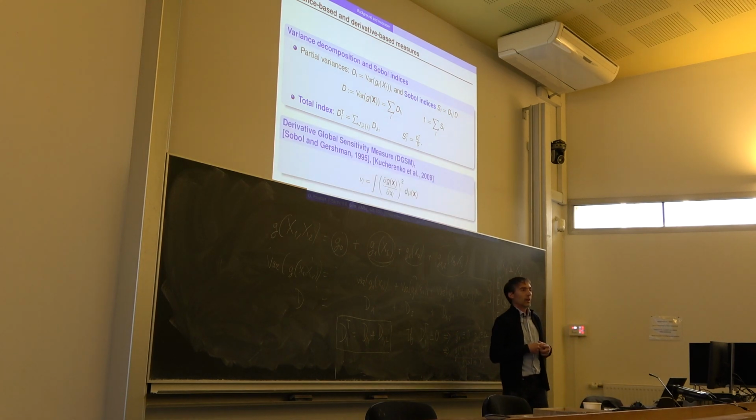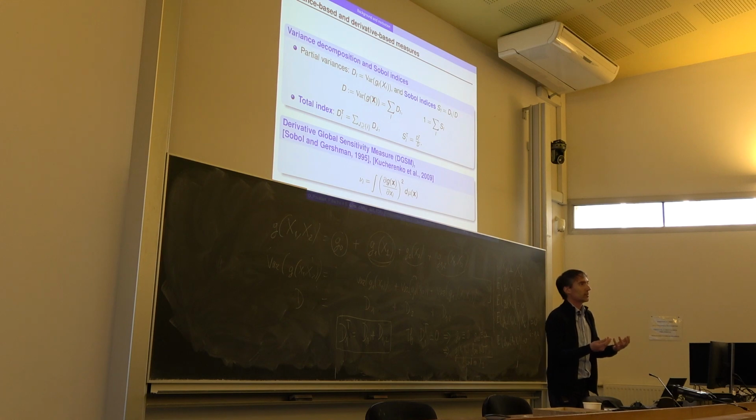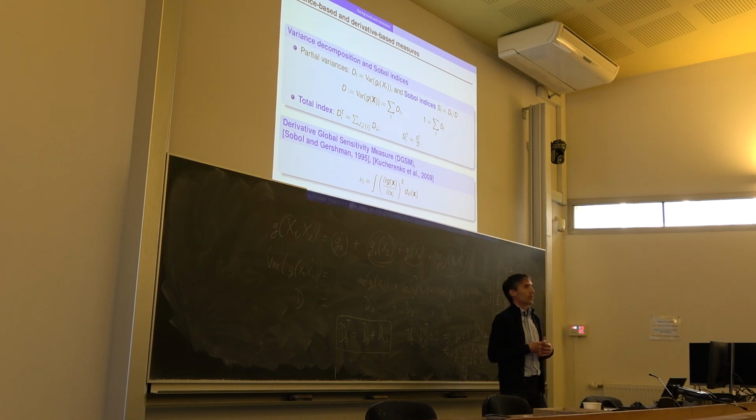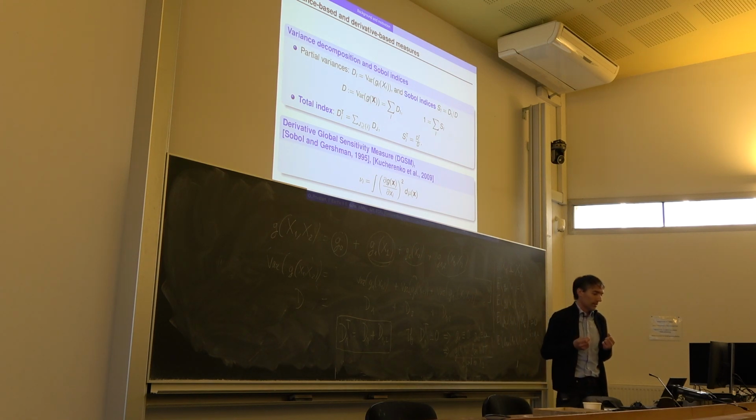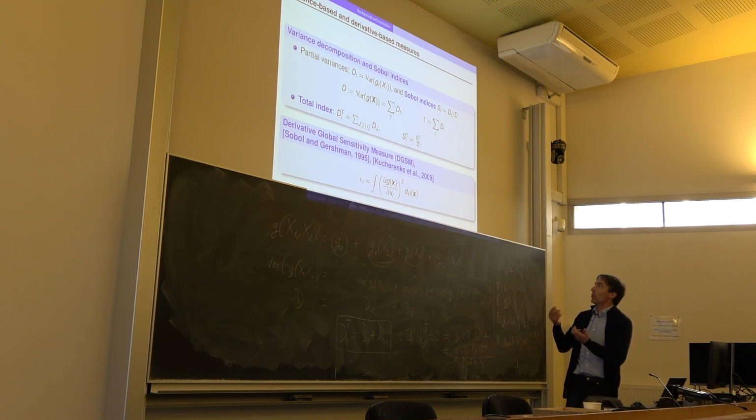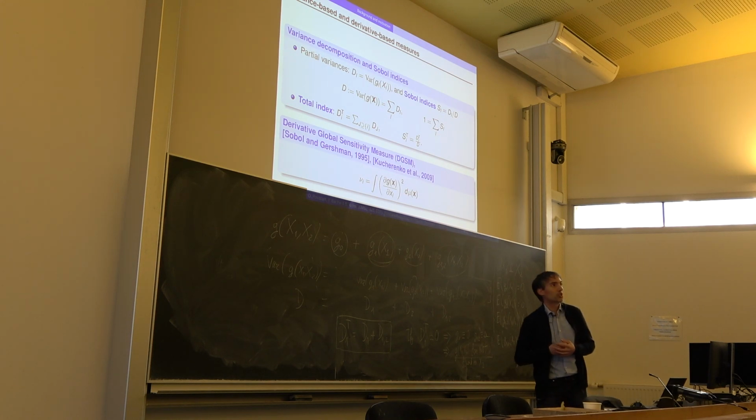Okay. Actually, you have another way to do that. Because when we talk about sensitivity, we imagine derivatives. These local sensitivities. So I can compute the partial derivative of G with respect to variable xi. Okay, this is the local derivative.